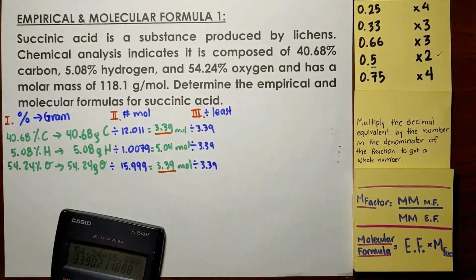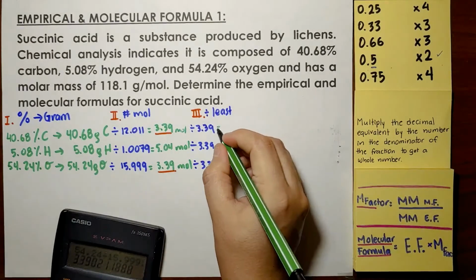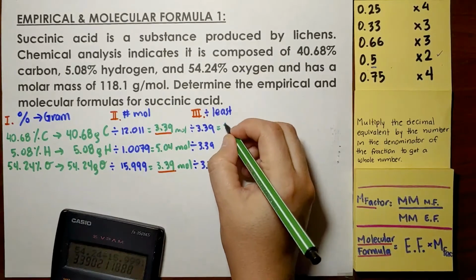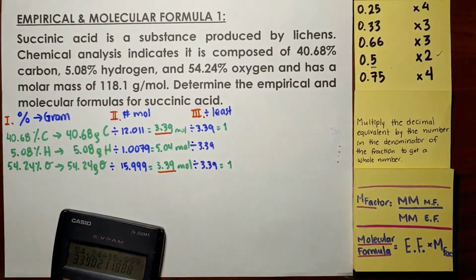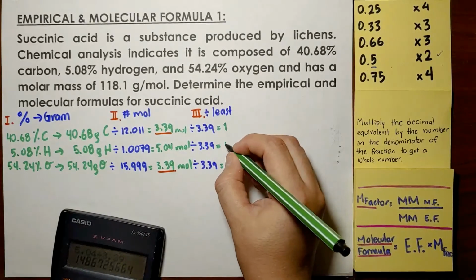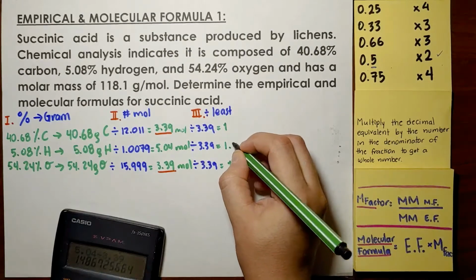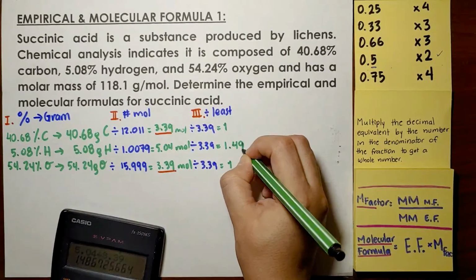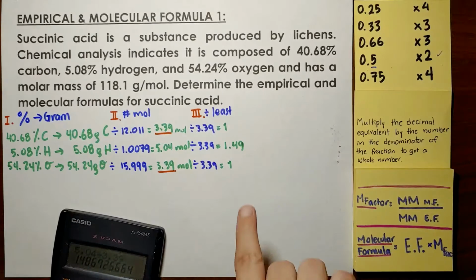How much do you get? Here and here I know that I will get 1. Now here 5.04 divided by 3.39 gives me 1.49.